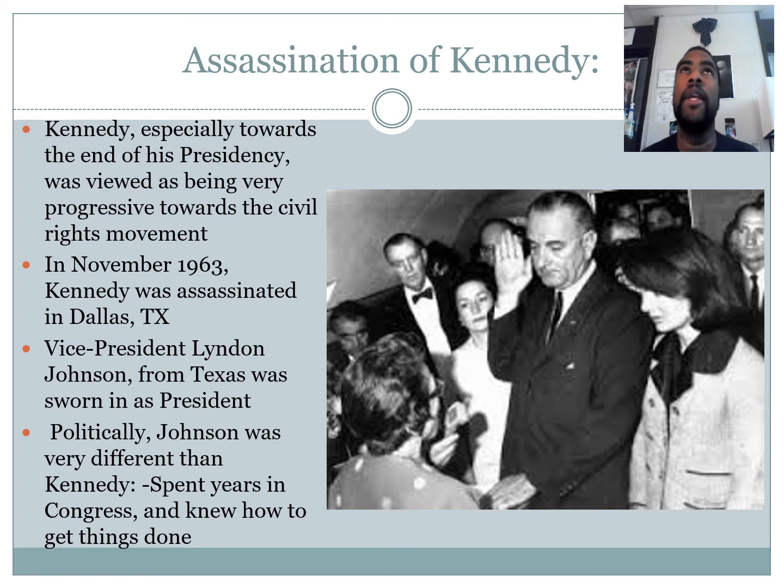It proved to be an advantage for him because he was able to push legislation through much more smoothly than many other presidents before, because he had connections to the Congress.